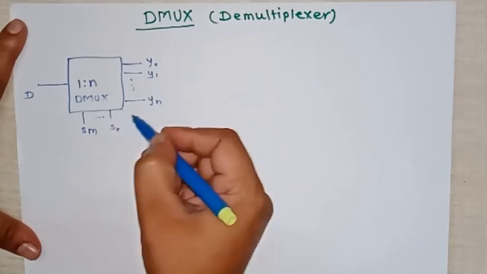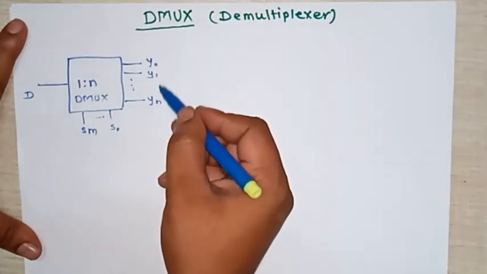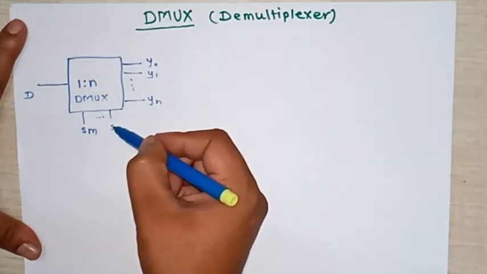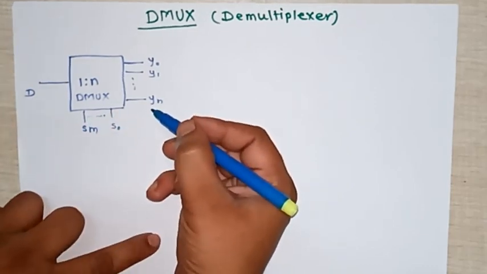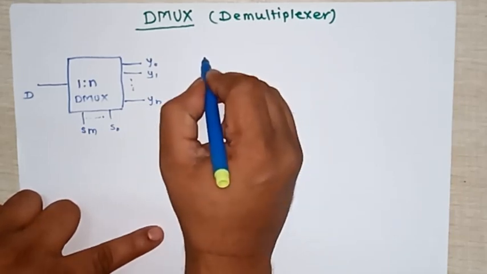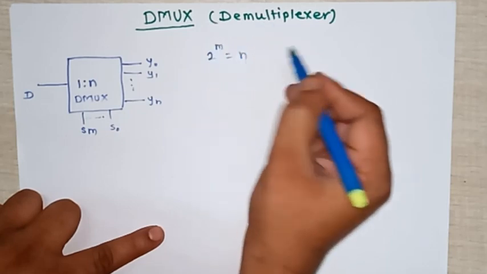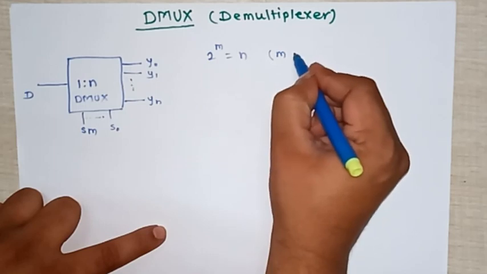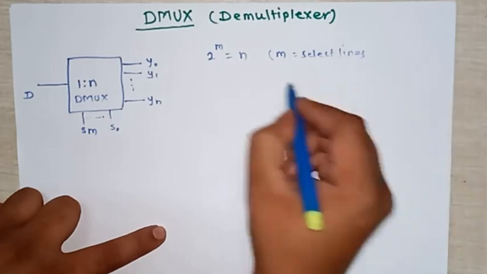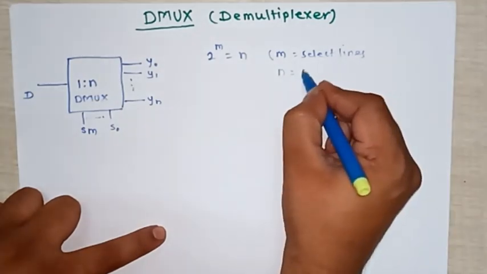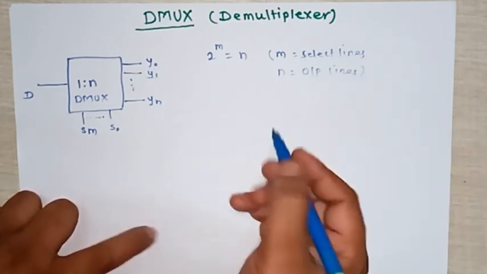Again, there is a relation between the output lines and select lines, which we find using one formula, the same as in the case of multiplexer: 2 raised to m equals n. Here m is the number of select lines and n is the number of output lines.